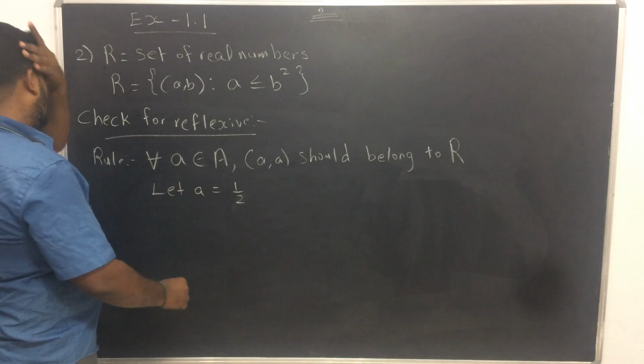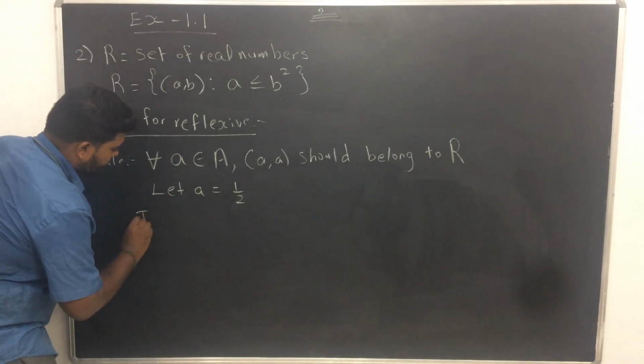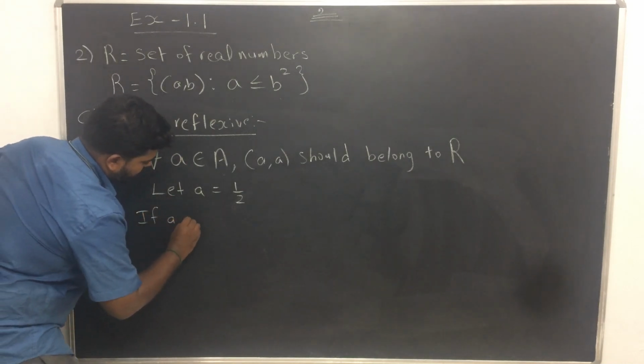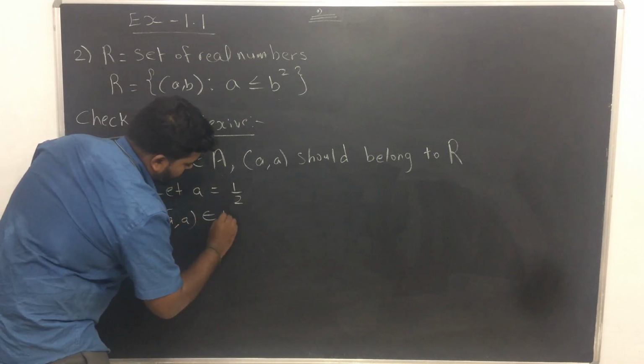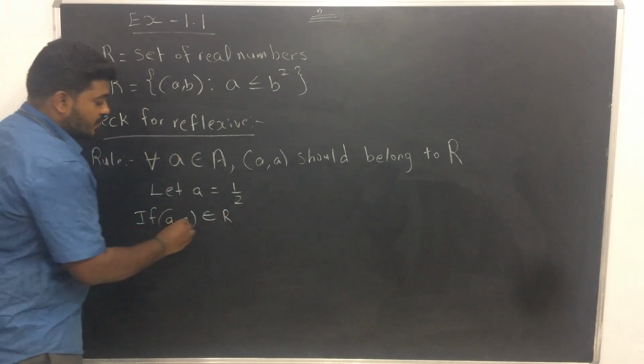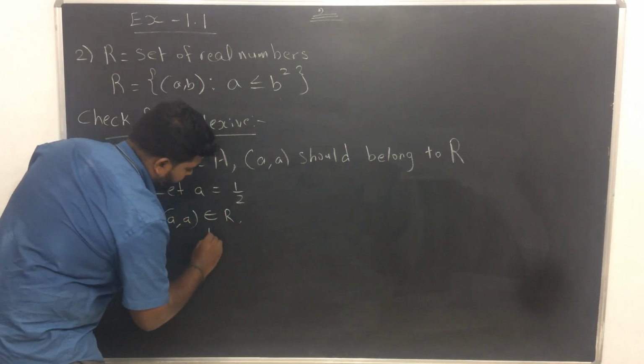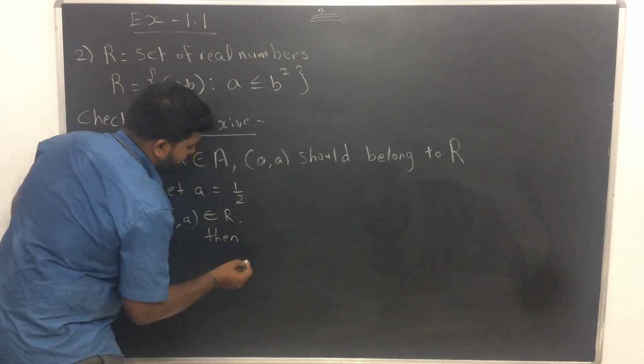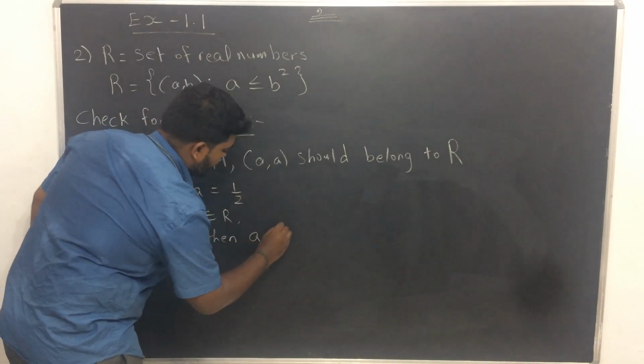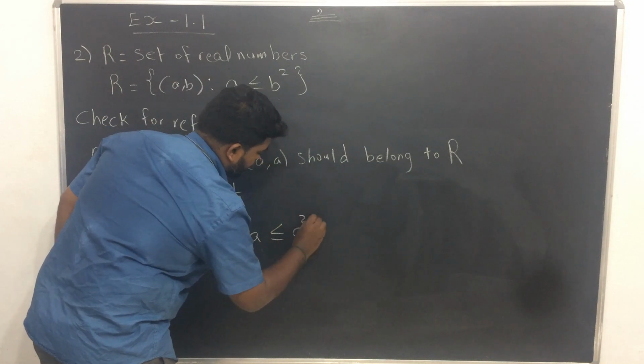If a comma a belongs to R, then a should be less than or equal to a squared.